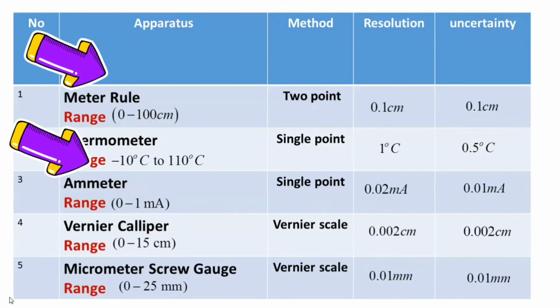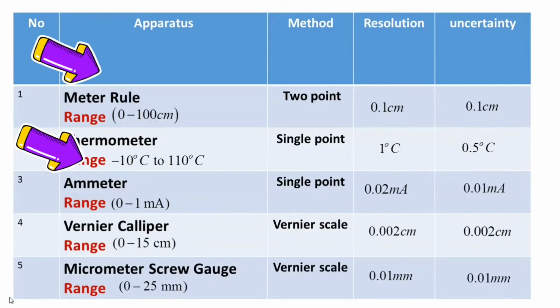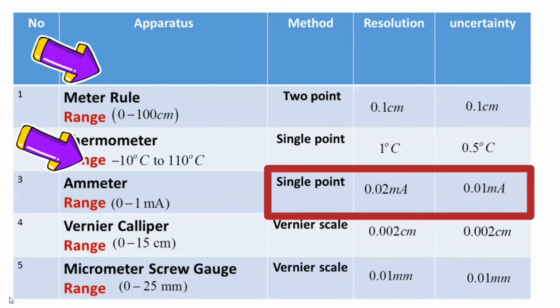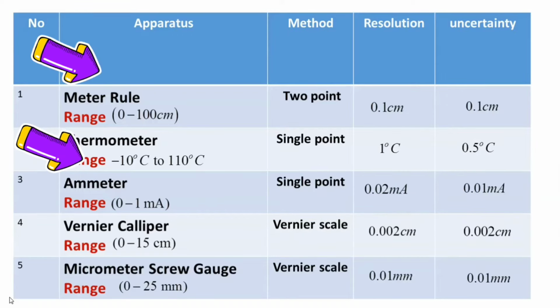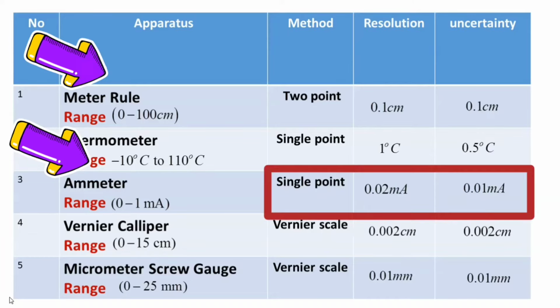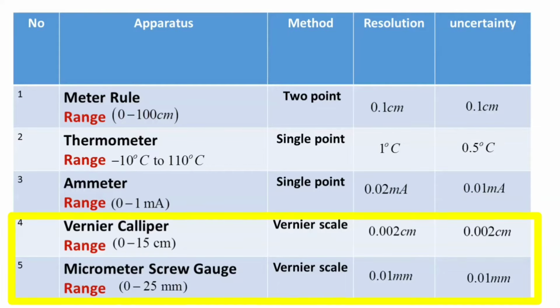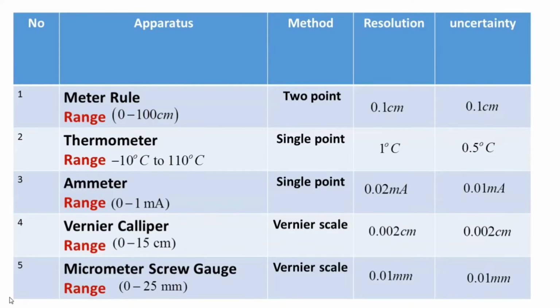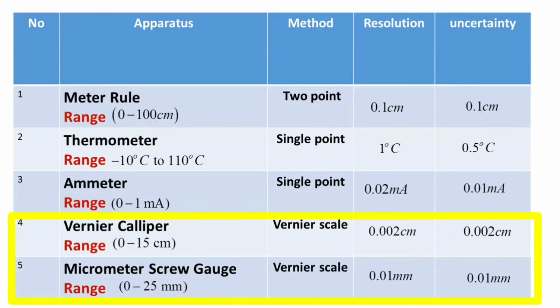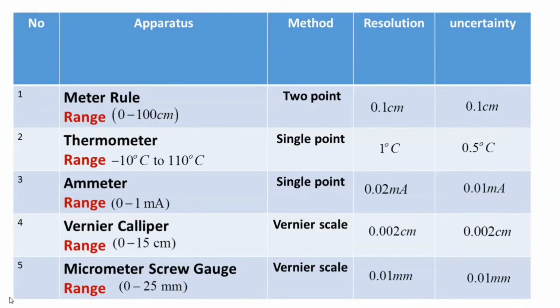Thus, we have a single point reading. The resolution is 0.02 milliamps. The uncertainty of the instrument is half of the resolution, 0.01 milliamps. For vernier and micrometer screw gauge, the uncertainty is just going to be equals to the smallest unit on the scale.